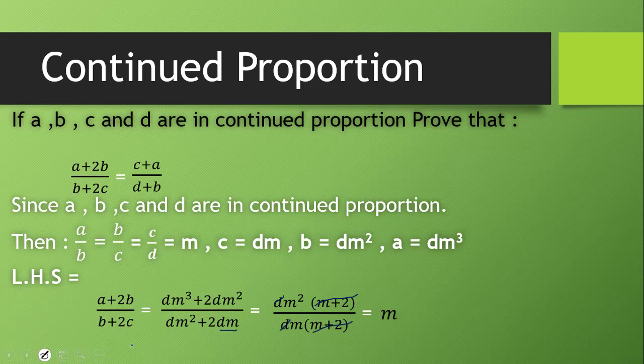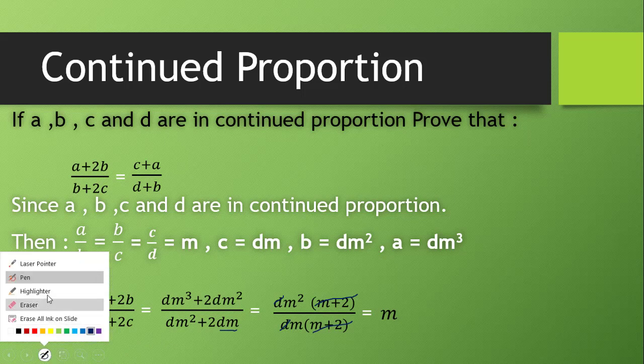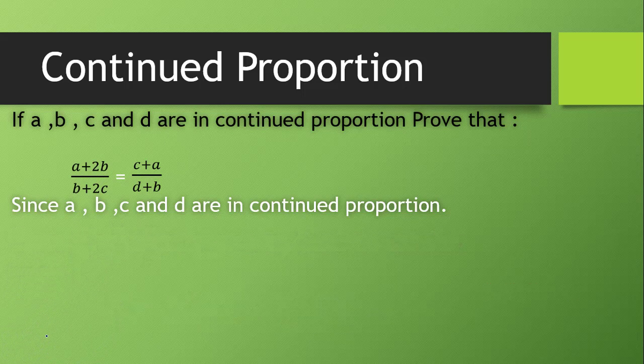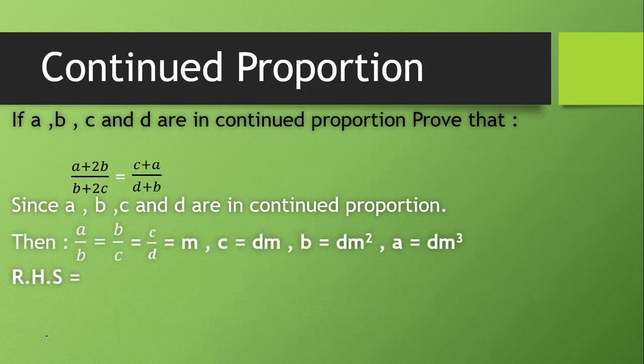Okay, what about the right hand side? Let's move to the right hand side. In the same way, C plus A over D plus B. Instead of C I write dm, instead of A dm power 3, and instead of D I write D as it is, and instead of B I write dm power 2. What is the common factor up? I have dm, yes, excellent.